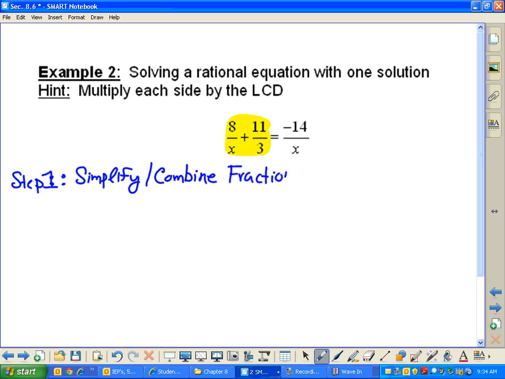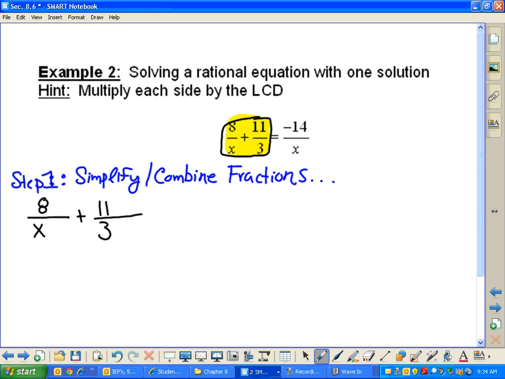Sometimes they're on the left side, sometimes they're on the right side, but you want to combine any fractions that you see in the problem. And we did say just a few moments ago that we're going to try to simplify this left side right here. I'm going to find the sum of 8 over x plus 11 over 3.